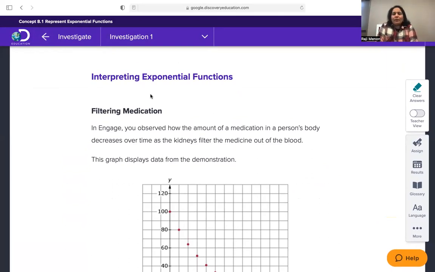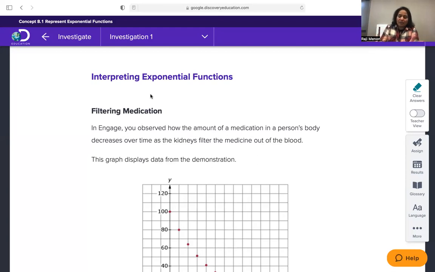Think about you're taking some medication for anything. How is your body going to process it? The body is going to process it by filtering. The kidney will filter the medication out of your system. That's why we say don't take medication together; we need to give a gap, like 4 hours.